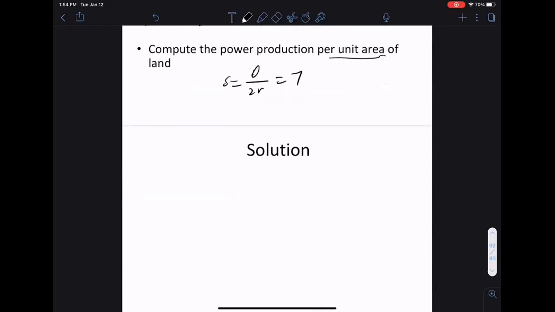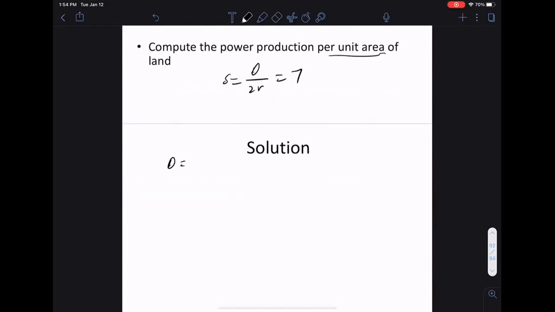So first of all, let's see how large the land area is. So D is 2R times S, so this is 14R.